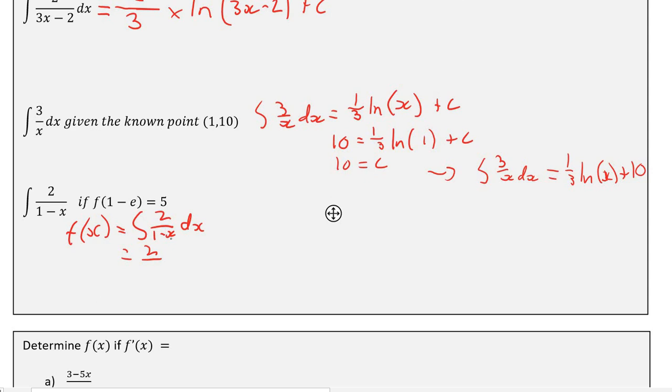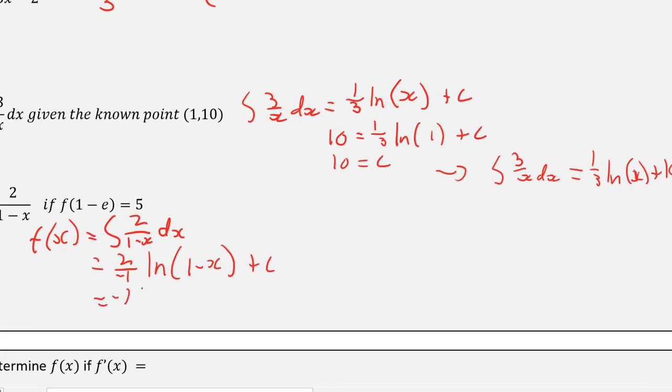Now in this case, my a, the derivative of my inner, would be -1, which leaves us with ln bracket 1 minus x, close bracket, plus c. And we can see at the front here that 2 over -1 can be simplified to -2 ln bracket 1 minus x plus c.